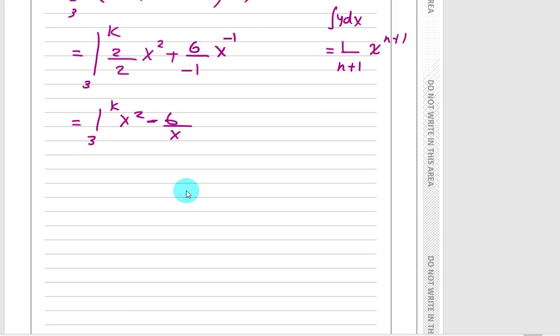Let us now find the value of the integration.